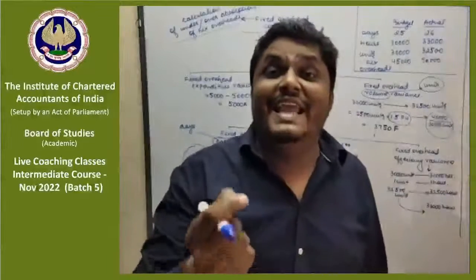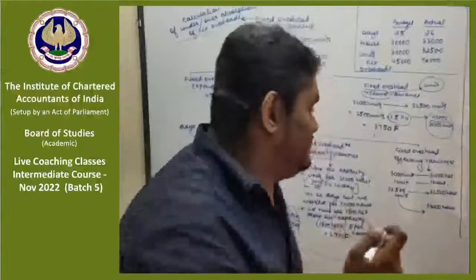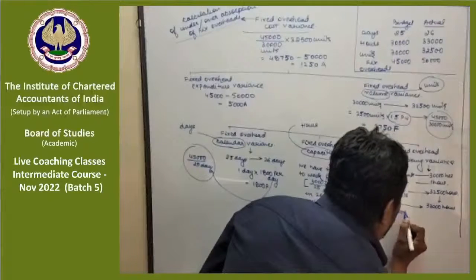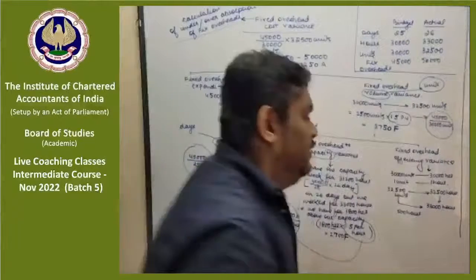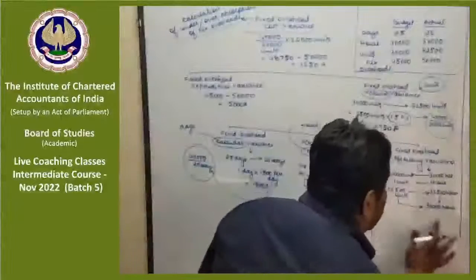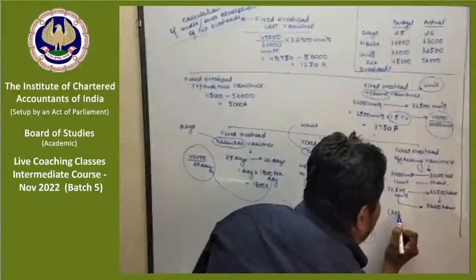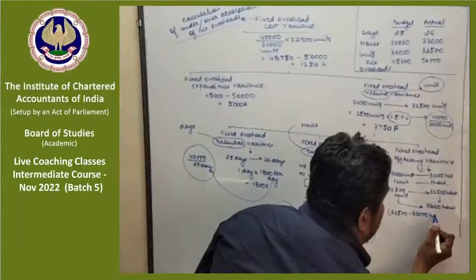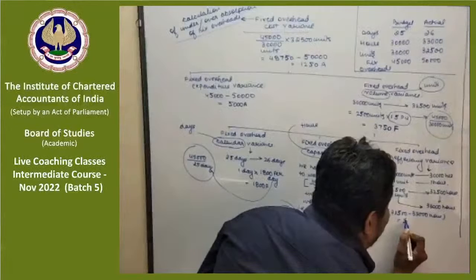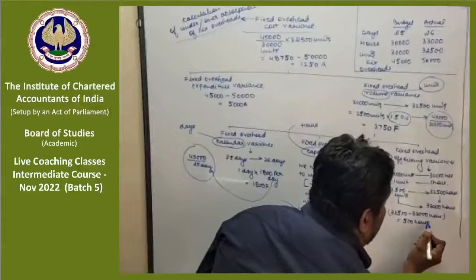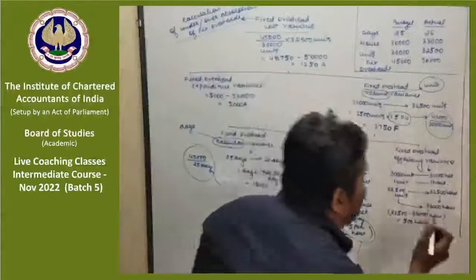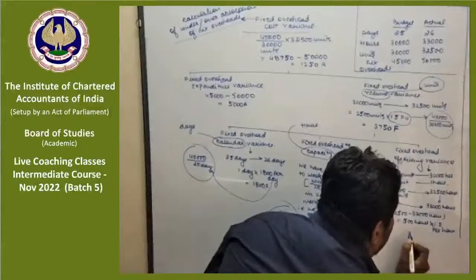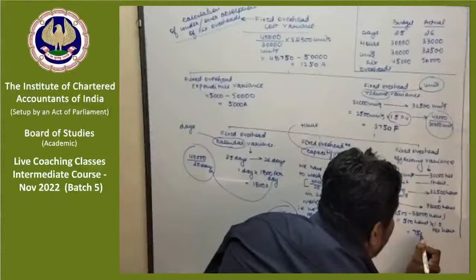It means there is an inefficiency of 500 hours. Very simple, guys. The work was supposed to be completed in 32,500 hours, but we completed it in 33,000 hours. So 500 hours is our inefficiency, into the rate per hour, that is 1.5 per hour. So this will be 750.